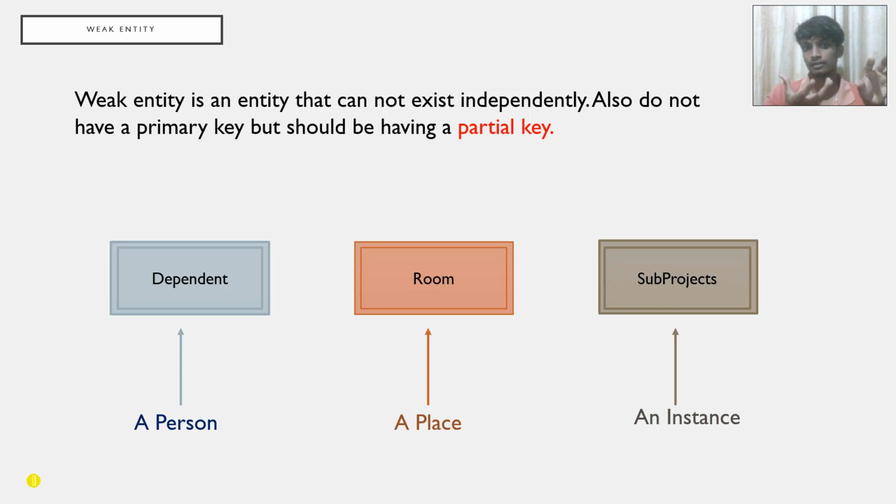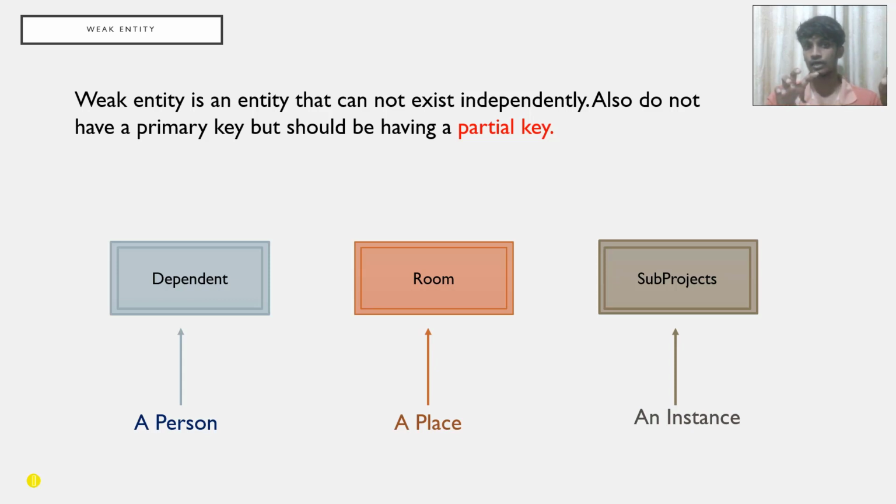another entity. So imagine when you are considering a workplace, there should be employees. Each employee has dependents. Without employees, dependents can't exist, because dependents are not relevant to that work field. Only employees are relevant to that work field, but employees have dependents.